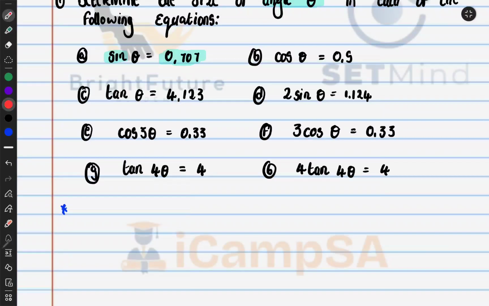You will see that your sine will now have sine inverse, which is sine to the power of -1.